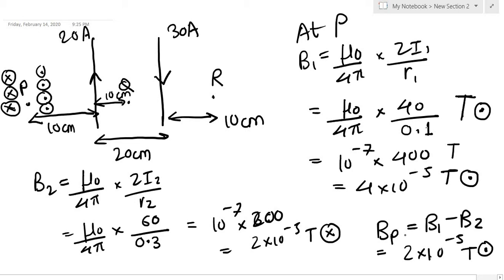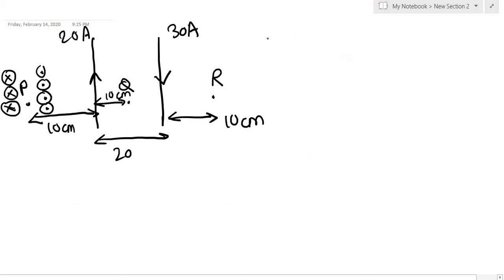Now let's do it for point Q. Now at point Q, let's check for the direction. Okay, so the magnetic field due to wire 1 will penetrate at Q, and well, even the magnetic field due to wire 2 will penetrate.